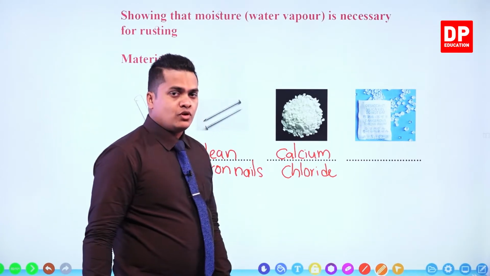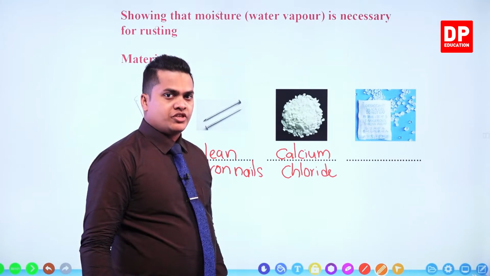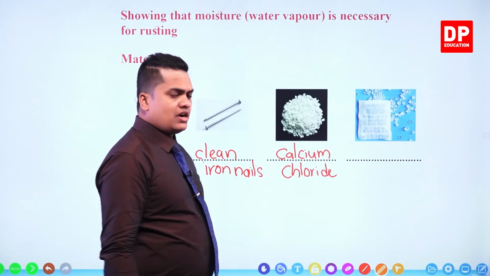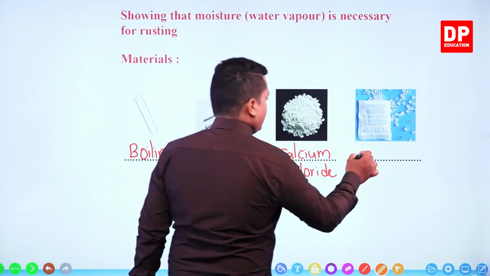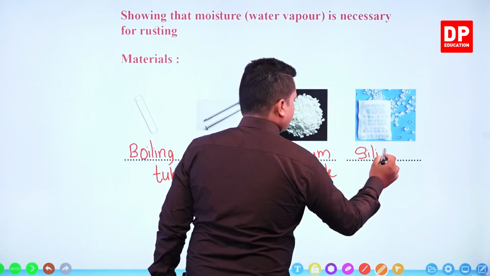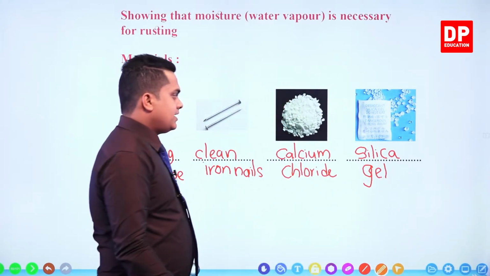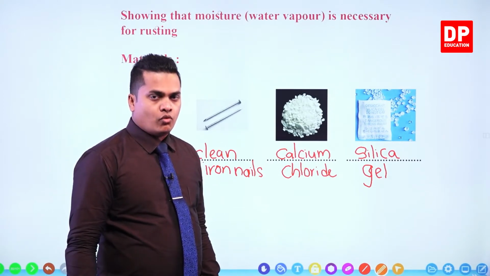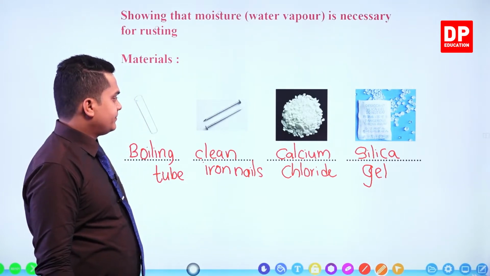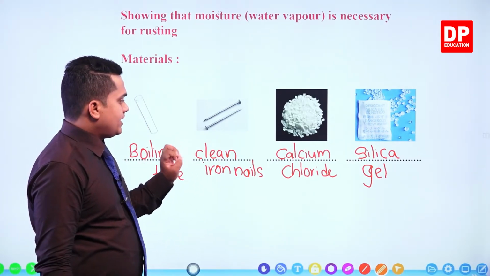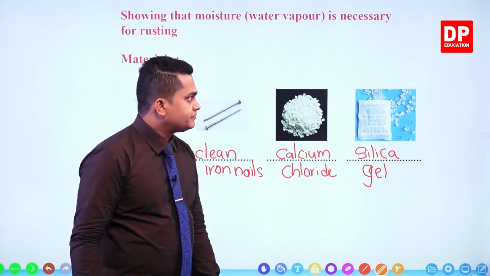Calcium chloride can absorb water vapor, or moisture. If you can't find calcium chloride, you can use silica gel. Silica gel also has the ability to absorb water vapor, right? So these are the materials you will need: boiling tubes, clean iron nails, and calcium chloride or silica gel, right?